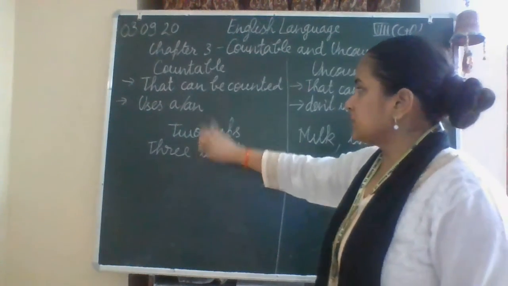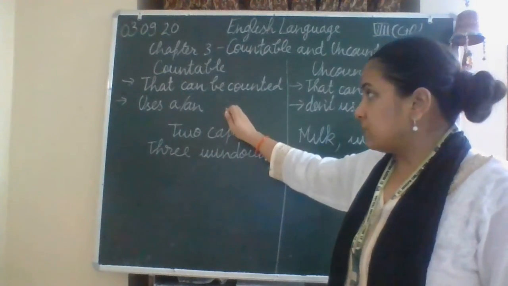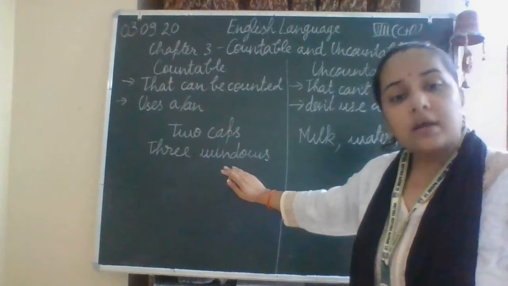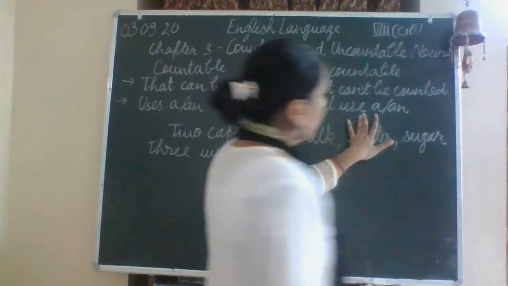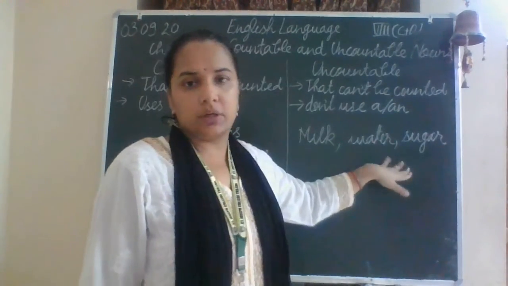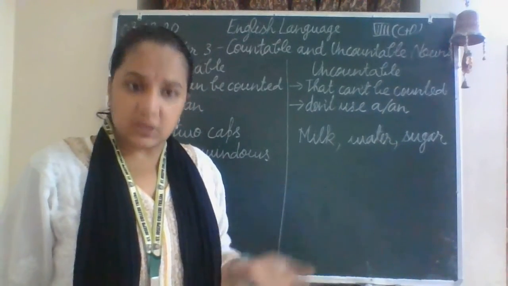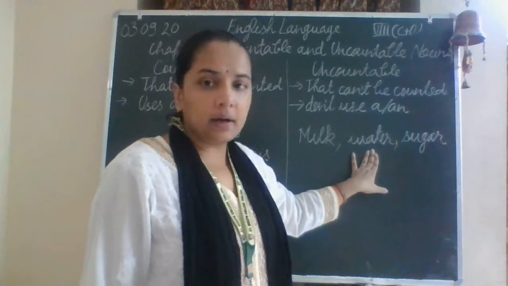Since we can use a cap, a window, in this way we can use a and an with the countable nouns. But whenever we are talking about the uncountable noun, a milk, a water, a sugar is not possible. You can say a glass of milk, a glass of water, but not a milk or a water.